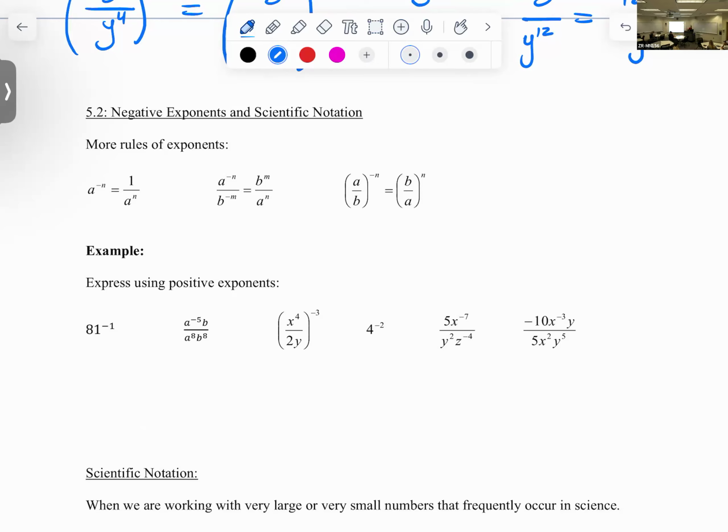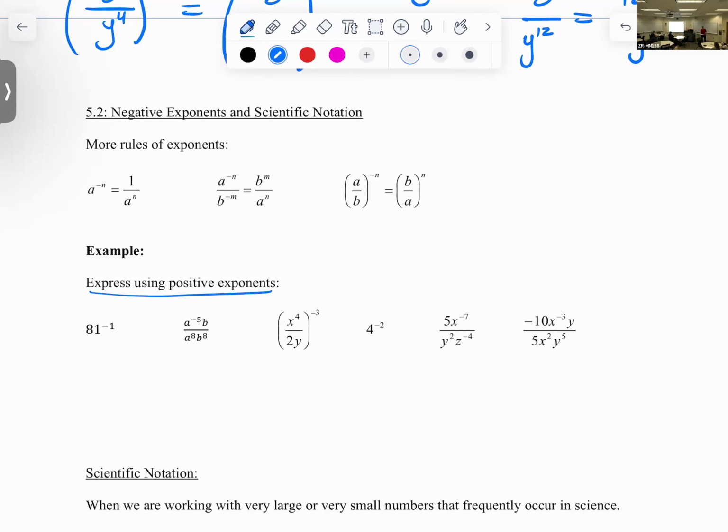We typically like to write our exponents using positive values. We don't like to have negative exponents because 5 to the -2 doesn't actually mean anything. 5 squared, I know what that is. So always flip your negative exponents across the fraction in order to make them positive.